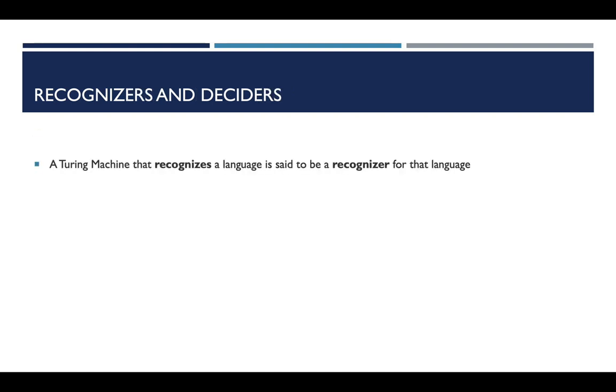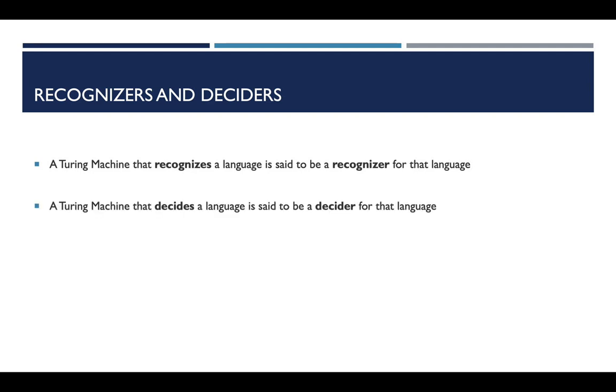So a Turing machine that recognizes a language is said to be a recognizer for that language. And so this basically just flips the terminology. If I have a recognizer, that means I have a Turing machine that can tell me if a string is inside of a language, but if the string is not in the language, it might enter into an infinite computation and not actually tell me a result.